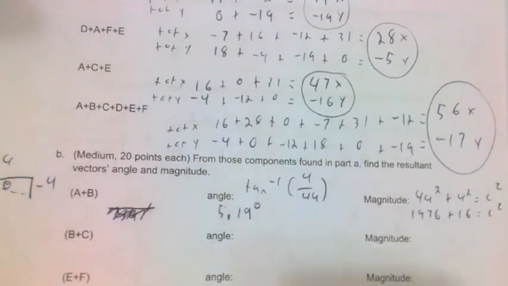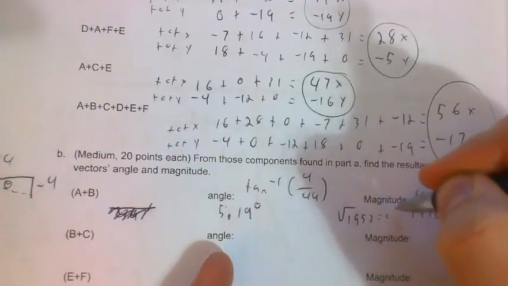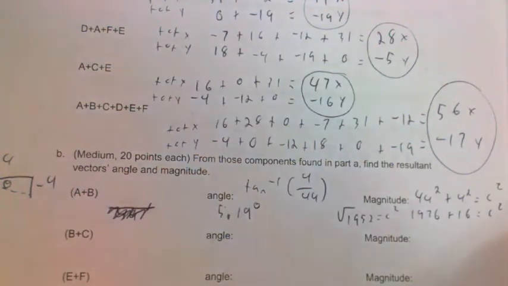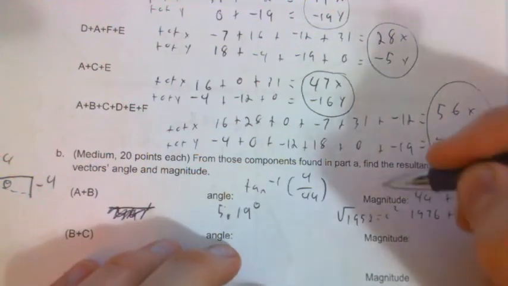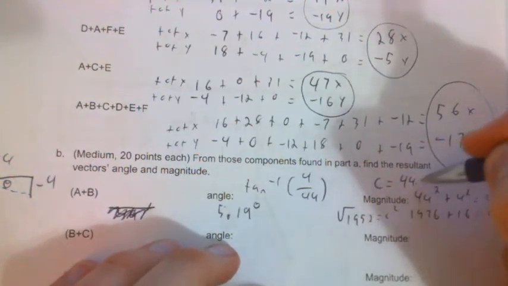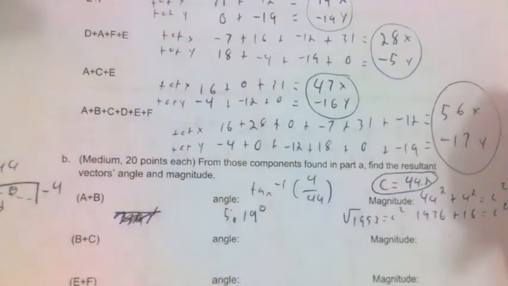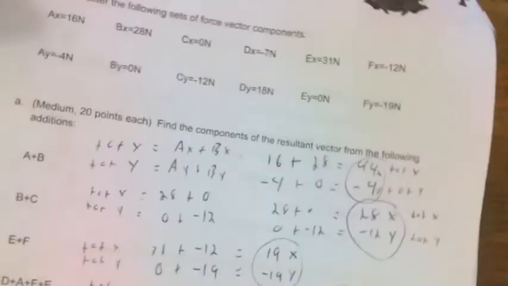So C squared is 1,952, and we end up getting C is about 44.2. Our angle is this. So that's how you do this part. You make a right triangle out of the two components that we got from the previous part.